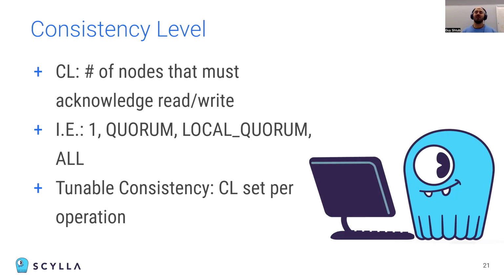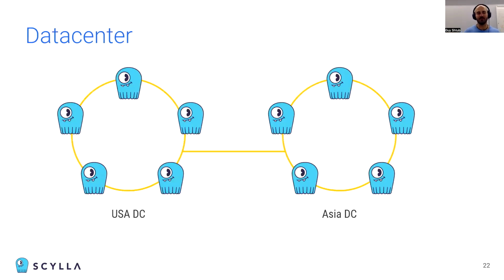Whereas maybe for another query, say I'm writing the temperature of a room for an IoT application every second, maybe the consistency level for that write is not that important, right? Because it's happening every second anyway. So point being that the consistency is tunable and we can set it per operation according to your application needs.